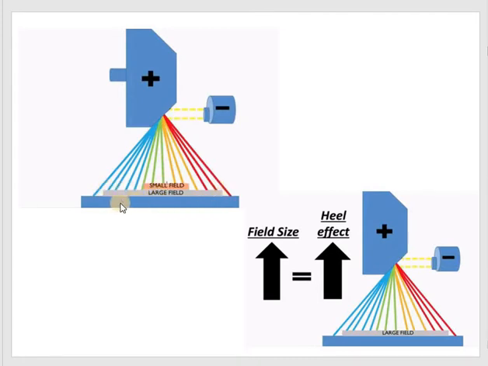A larger field size will have to receive a non-uniform X-ray beam field from the lowest intensity up to the highest intensity. So a larger field size will expectedly receive more heel effect. So it is better for any image acquisition for the source to image distance to be larger and the field size to be smaller, so that we are not affected by the heel effect.